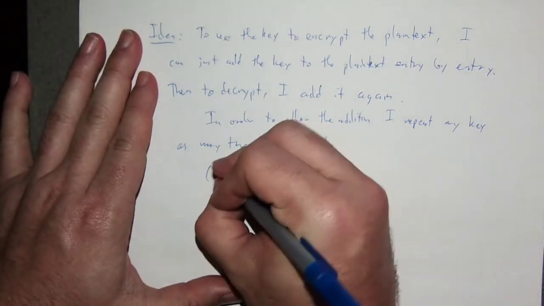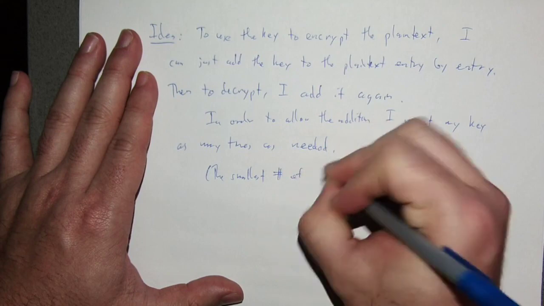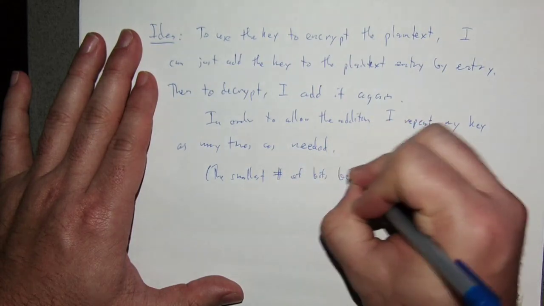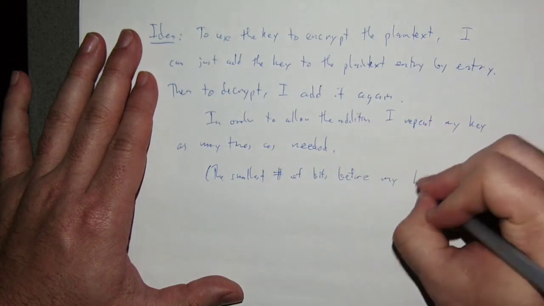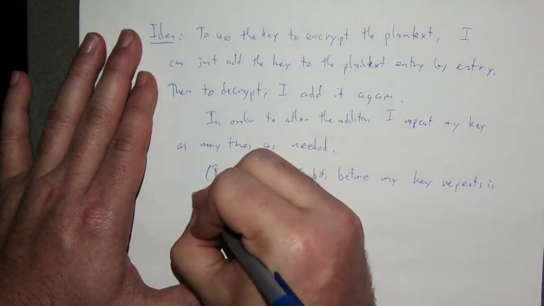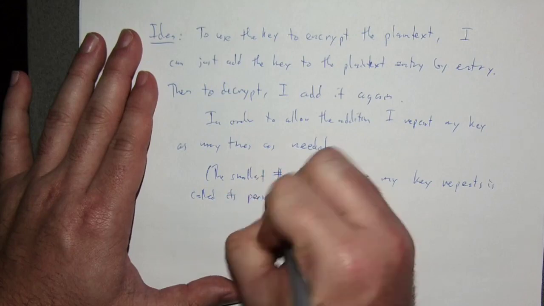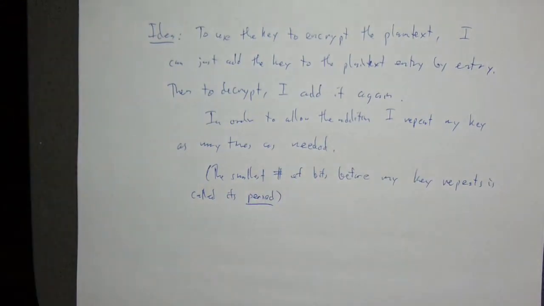So the smallest number of bits before my key repeats is called the period. Okay. And so in this case, we have a key with period 5.